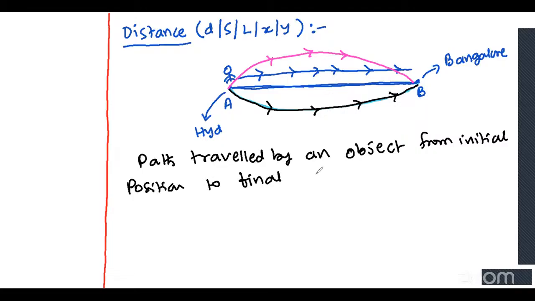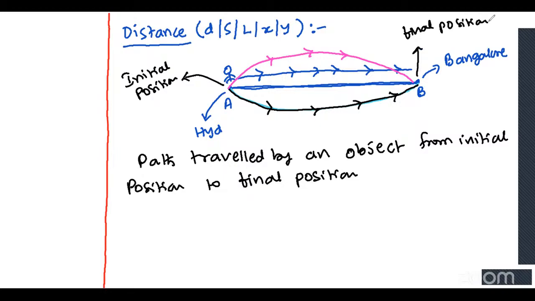A is called the initial position. B is the final position. Distance does not have any direction.